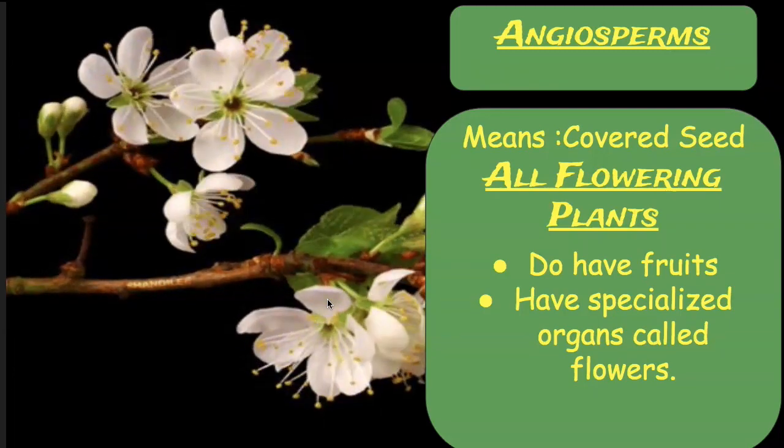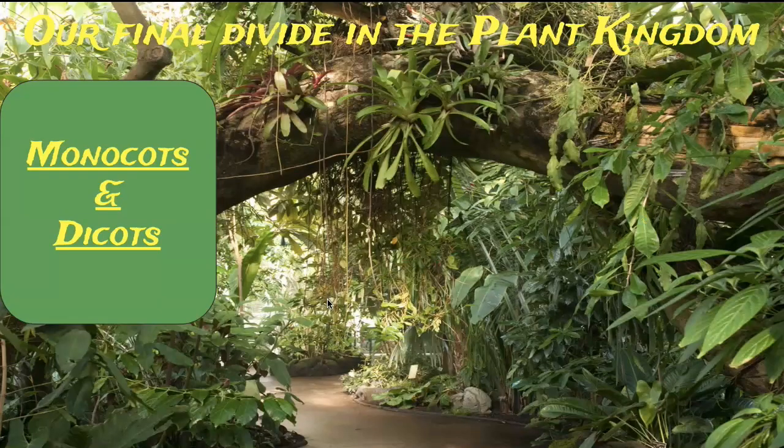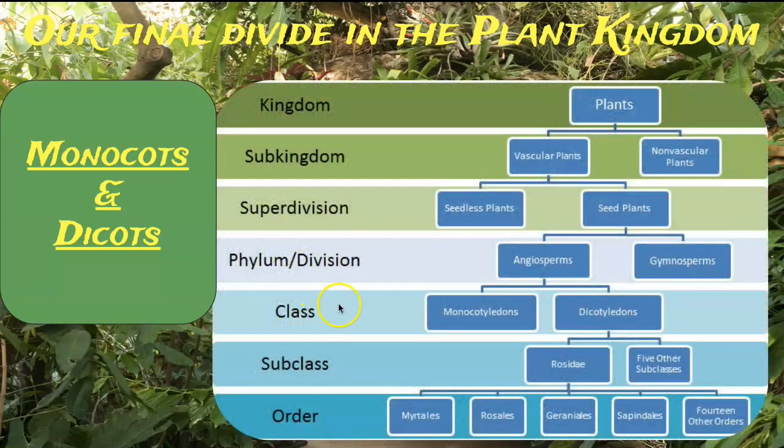All right. And so last but not least, our final divide on our map, if you should already have this written down, but if not, we're just breaking it down to the class division today. We have what are known as the monocots and the dicots. That's the abbreviated version. Some people will say the full thing, monocotyledon, or dicotyledon.